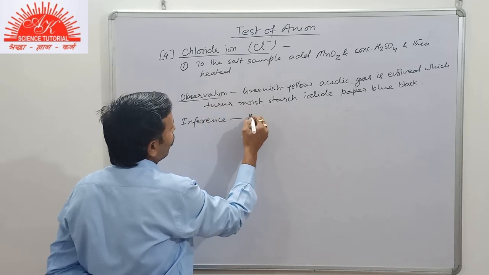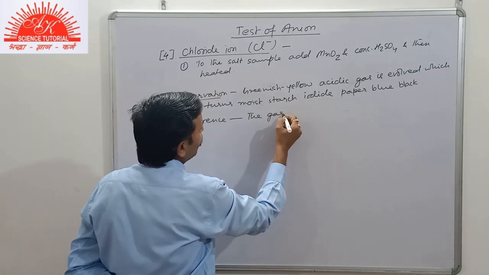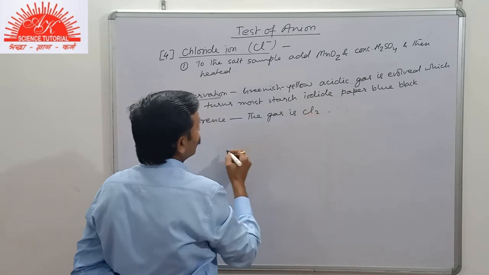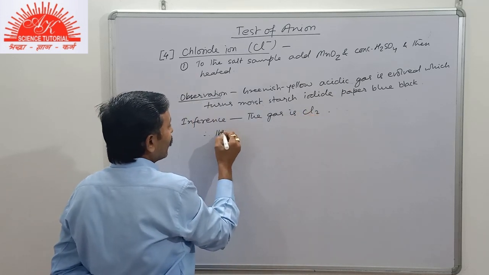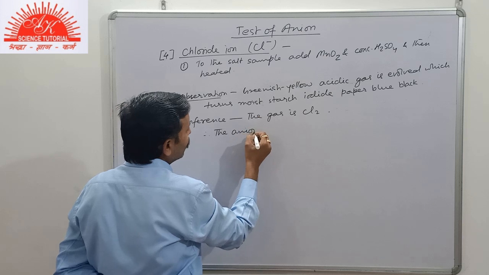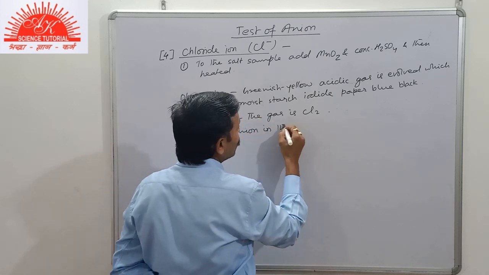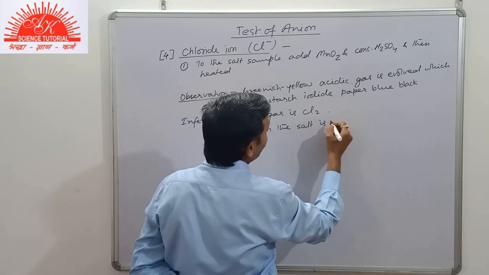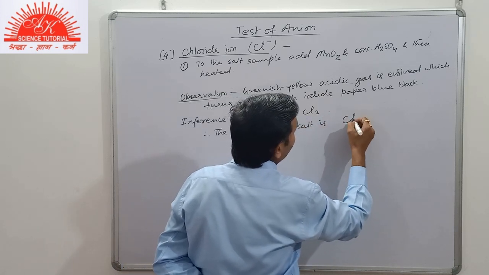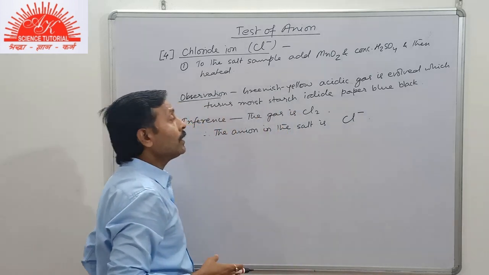Inference: the gas is Cl2. Therefore, the anion in the salt is Cl minus, that is chloride ion.